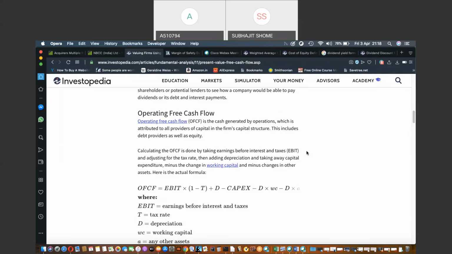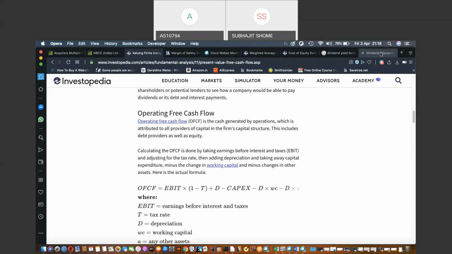And the tax rate in India. What was last year's tax rate in India? What is corporate tax in India? It is 30%, no?